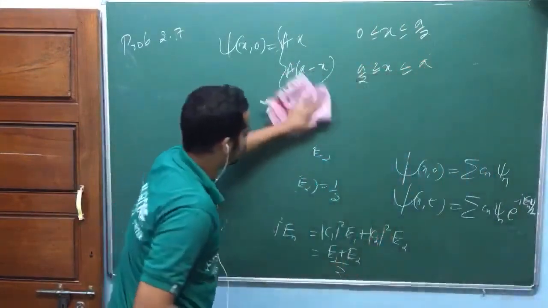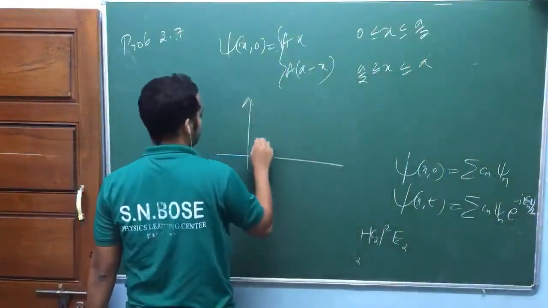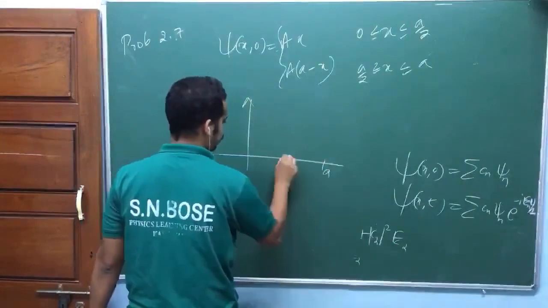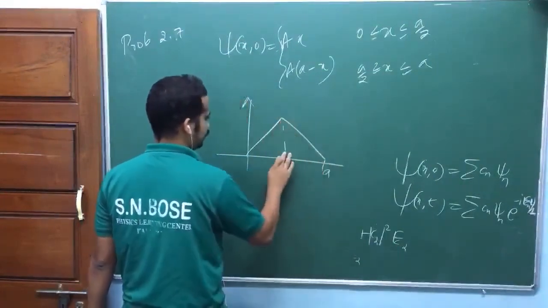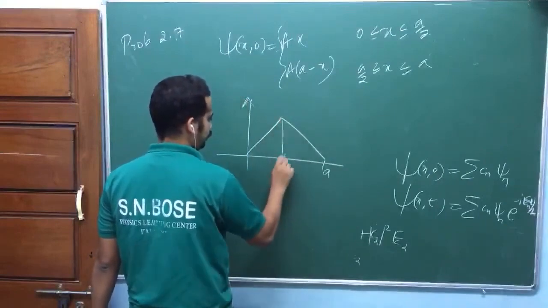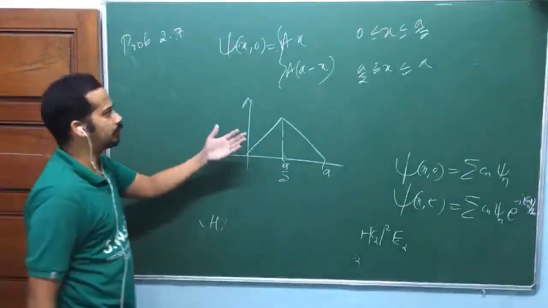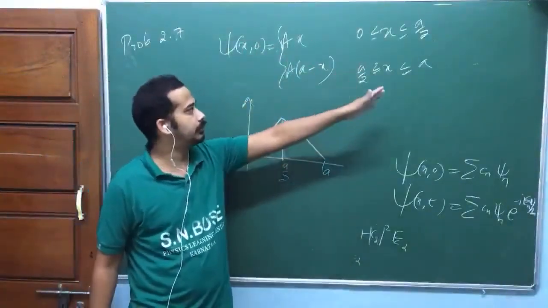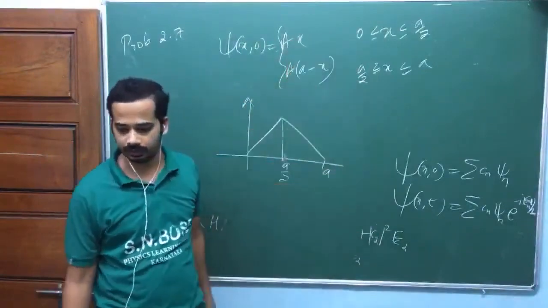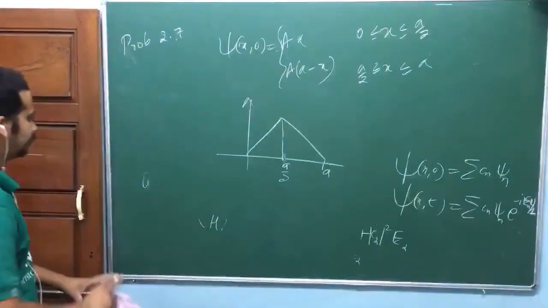If you plot this one, is that okay? Normalize this one. Again, while normalizing, split the limits 0 to a by 2 and a by 2 to a, because it's a piecewise function, piecewise continuous. Problem 2.7.